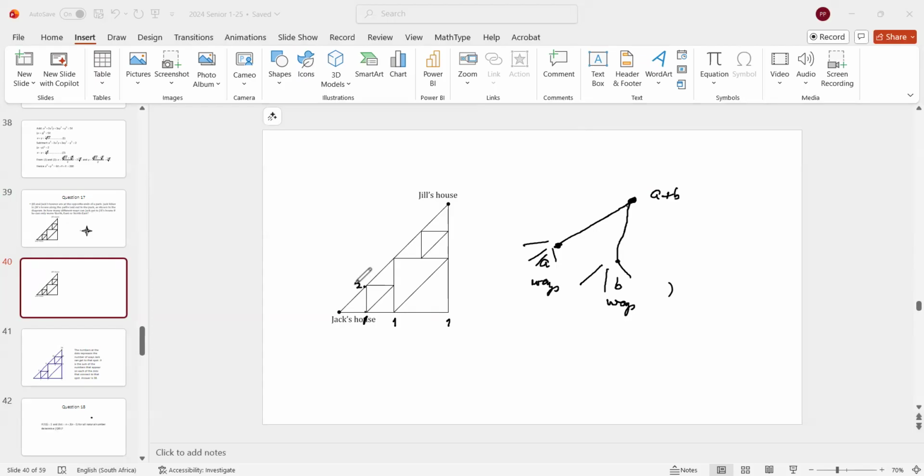No, what am I saying? Only one way. From here to here, it's only one way. And likewise, no, I'm not wrong. Sorry. You can go this way or that way. There are two ways in which you can get to this point.